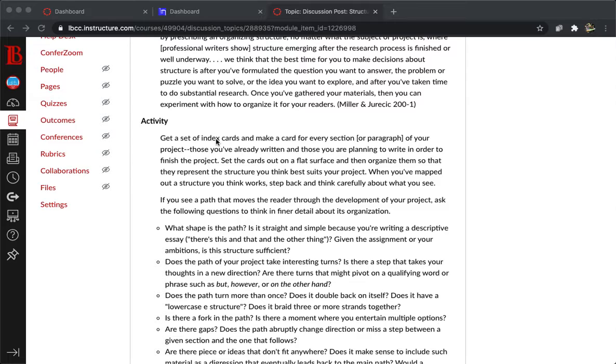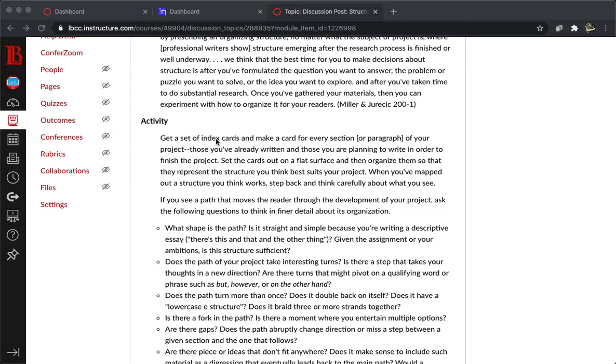Okay, so you'll have all of those sections written out on cards so that you can shuffle those cards up and then you can put them on a flat surface, so your table or a desk or a bed, where you can lay them out and arrange them according to how you've already structured the points that you already have in your draft, but then also what you plan to write.